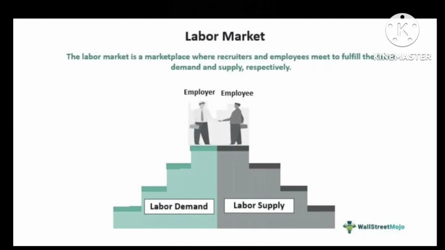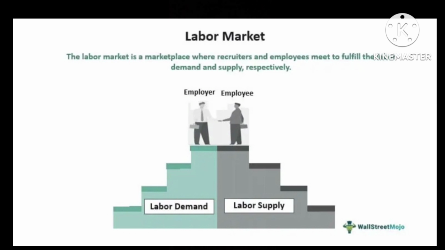The supply and demand of labor, where employees give the supply and employers provide the demand, are referred to as the labor market, also referred to as the job market. It is a crucial part of every economy and is closely connected to the markets for capital, goods, and services.